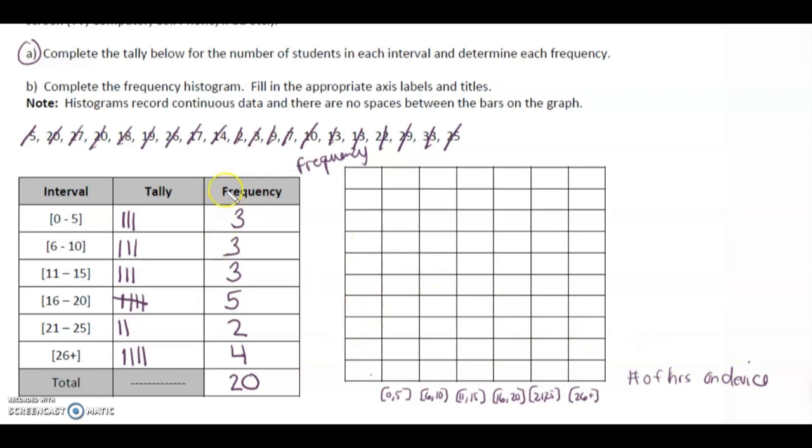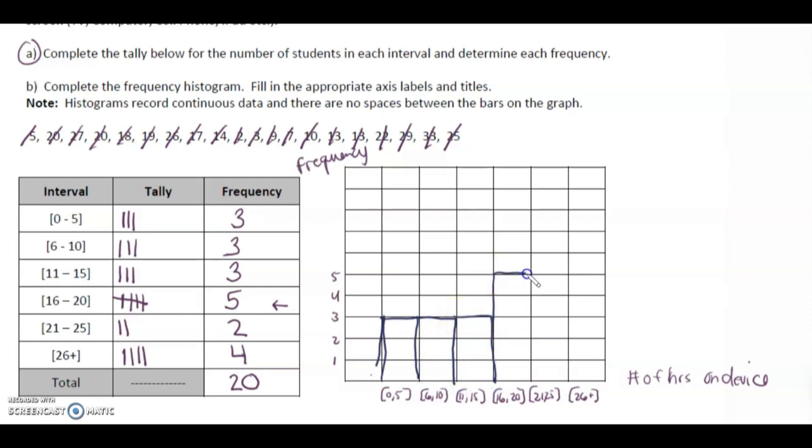Okay, and then for the frequency, the highest frequency here is 5, so we can just go up by ones. 1, 2, 3, 4, 5. We could have went 2 boxes as 1, but that's fine. So 0 to 5, we're going to get 3. We're going to go 3 up, obviously using a ruler. 6 to 10 is also 3. 11 to 15 is also 3.